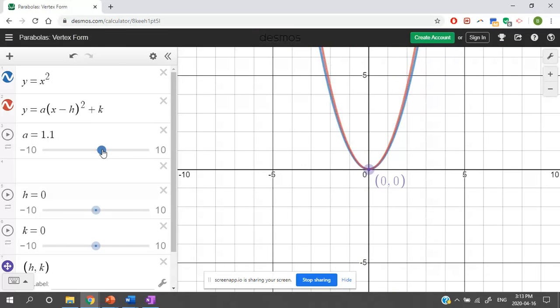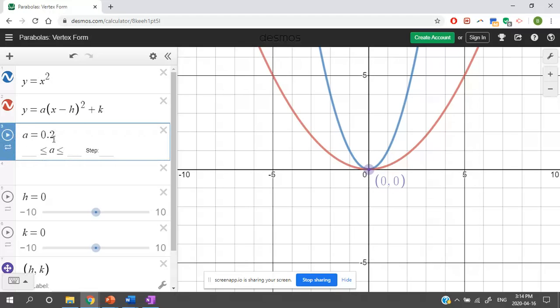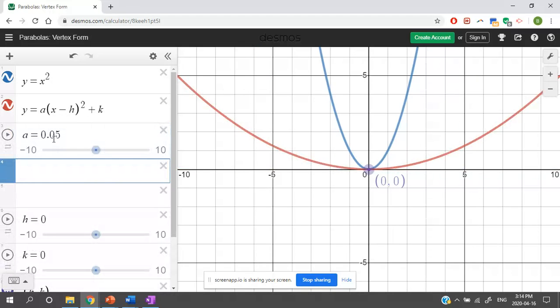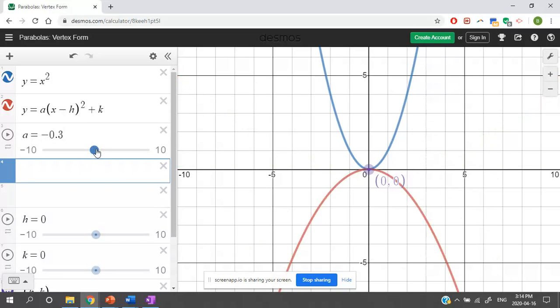You can see as it hits 1 and gets below 1, it appears wider and wider, so it's being vertically compressed. I can go down to a really low number like 0.05, and it's quite compressed. And the same thing with negative. The closer we get to 0, the more compressed it is.